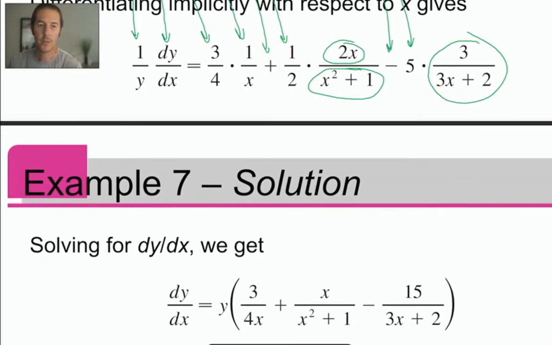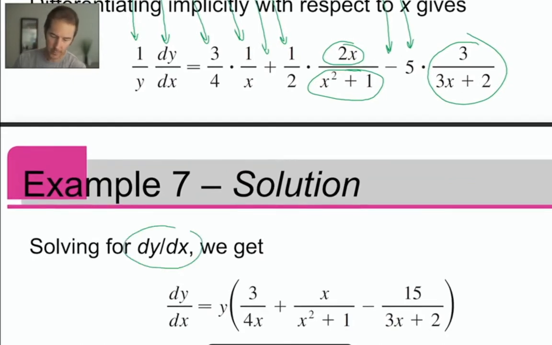Now, the goal of this problem is to solve for dy over dx. So on the right-hand side of the equation, inside these parentheses here, we see that things have been cleaned up a little bit. The multiplication of numerators and denominators has been completed already. We're not finding a common denominator, so you're still seeing 3 separate terms.